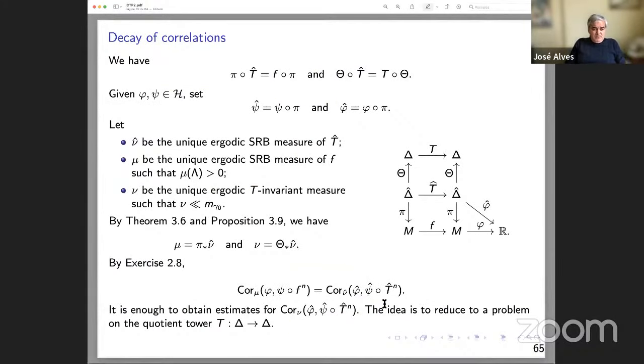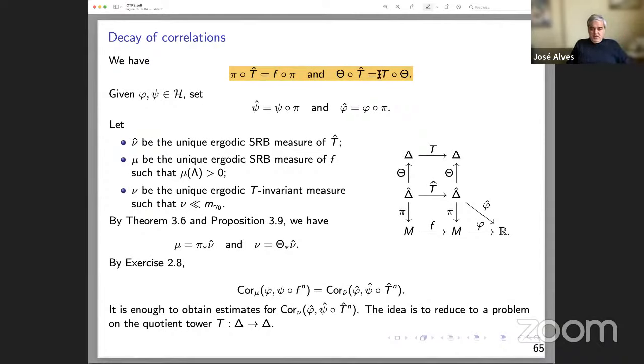Okay, so as I said, I'm trying to give you an idea of the proof of the decay of correlations of Young's theorem in this situation. So let me recall some of the things that we have. We have this semi-conjugacy between the tower and the original dynamics with stable directions.